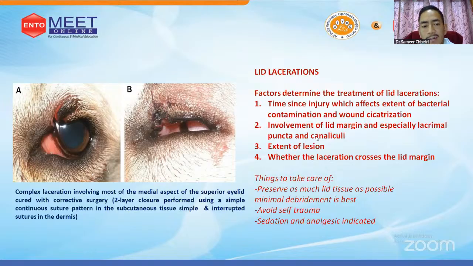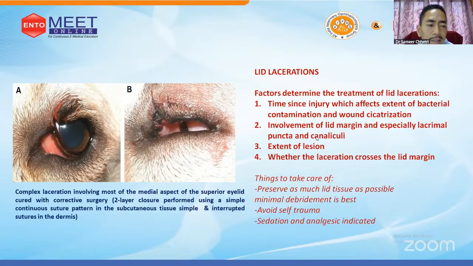Things to take care of while handling eyelid lacerations are to preserve as much lid tissue as possible, with minimal debridement, and to avoid self trauma. For that, we need to always keep the animal under observation, providing an Elizabethan collar and sedation and analgesic as per requirement.